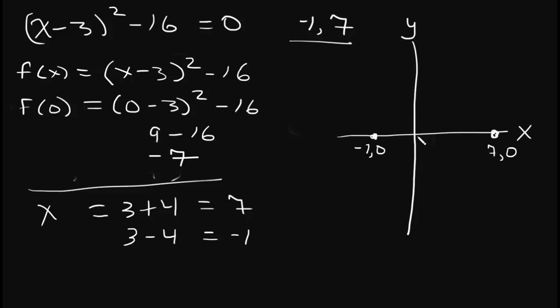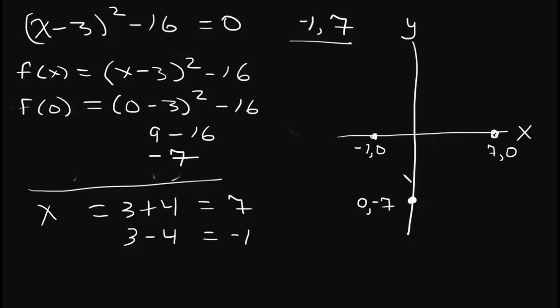So we know when x equals 0, y is going to be equal to negative 7. 0, negative 7. So now we've got the y-intercept. We know the point on our graph where it intersects the y-axis.